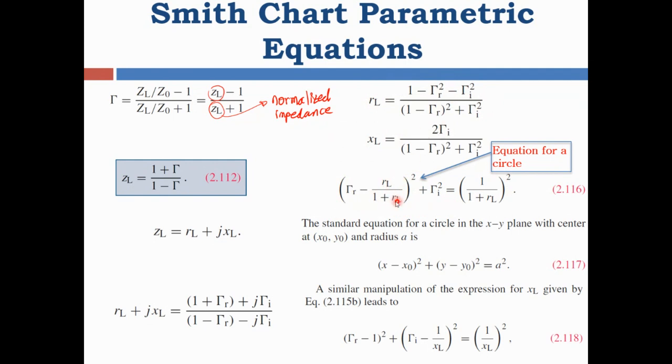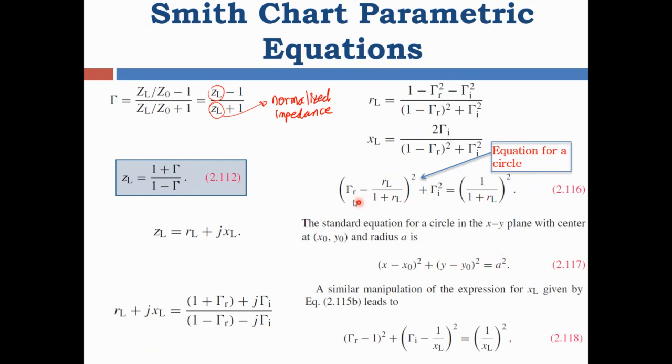Now, what is this form? x minus x0 to the power of 2 plus y minus y0 to the power of 2 is equal to r to the power of 2. So what is the equation? A circle. A circle that has a center at x0 comma y0 and a radius of r.